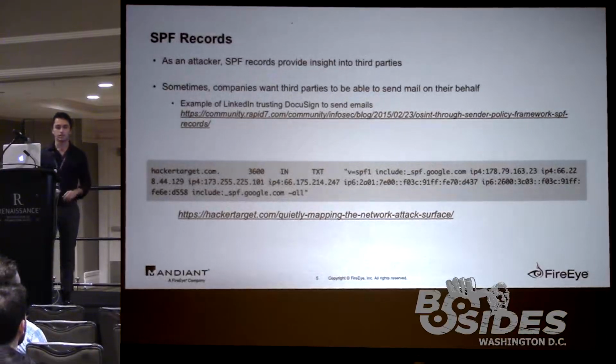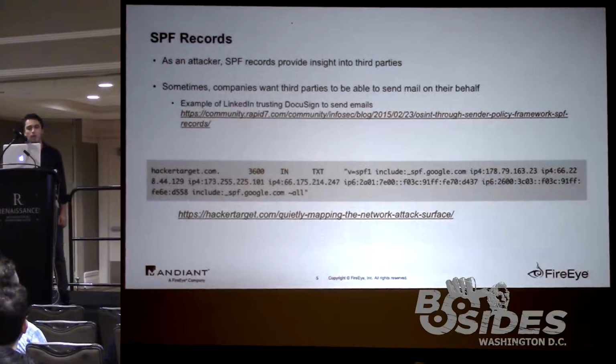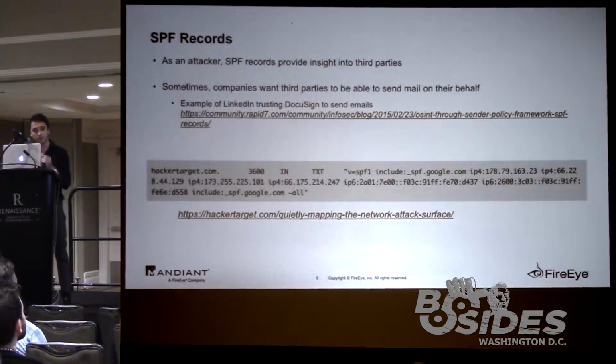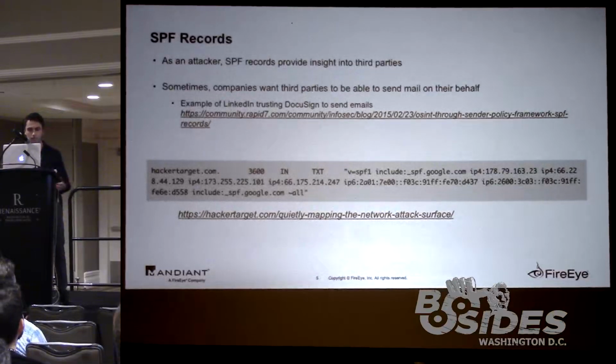So if I want a different company to send emails on my behalf, this article right here talks about LinkedIn allowing DocuSign to send emails on behalf of LinkedIn, then I have to authorize them in my SPF record for my company, for my servers. So I would explicitly say in my SPF record, okay, if you see an email from LinkedIn but it's actually from DocuSign, it's allowed because I gave them authority to do that.